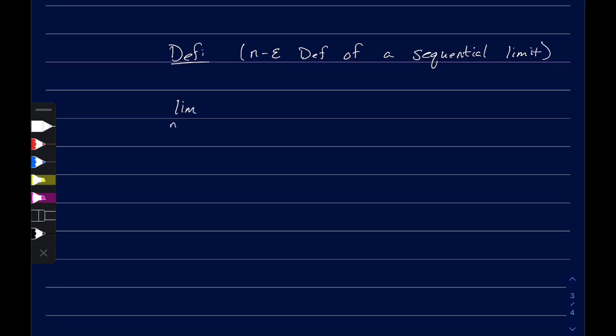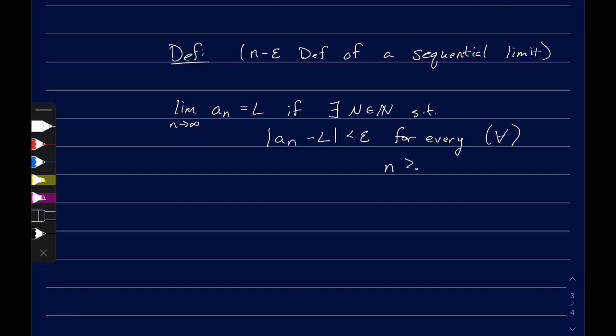Okay. So we say that the limit as n approaches infinity of a_n is equal to L if there exists, this backwards E means there exists, a natural number, we'll call it big N, such that if we take a_n and subtract L from it, the absolute value is going to be less than epsilon for every, and we use an upside down A for every, little n bigger than this big N. So after we hit a certain point, everything is going to be within some epsilon.